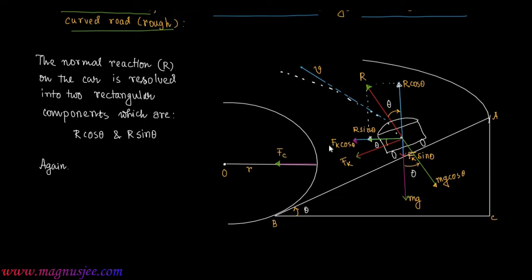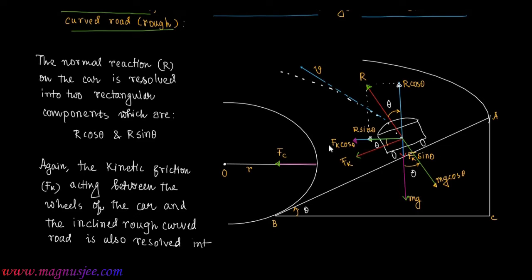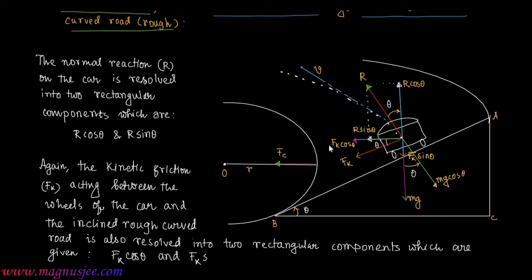Again, the kinetic friction Fk acting between the wheels of the car and the inclined rough curved road is also resolved into two rectangular components, which are given by Fk cos theta and Fk sin theta.